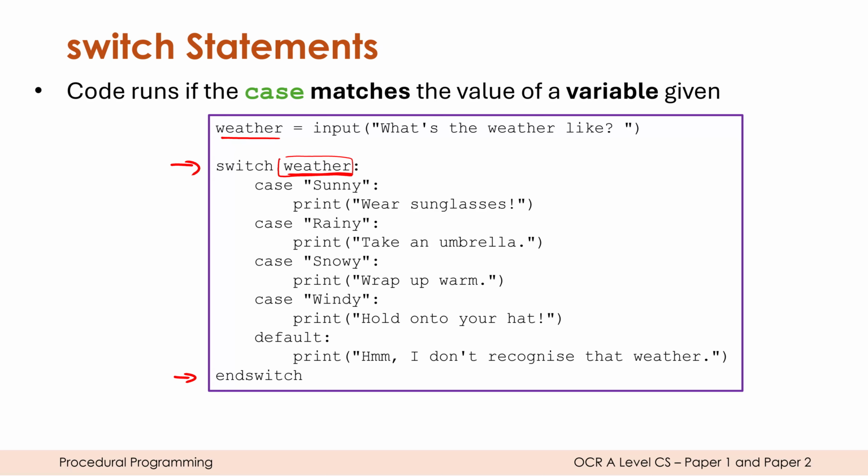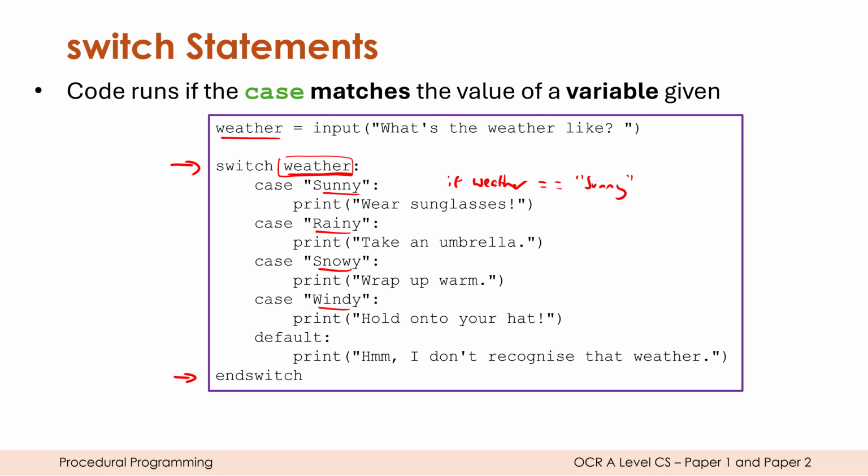Inside the switch statement, we have what are effectively conditions. So here we've got these different cases, and each one is kind of like a condition. Now, they're not written as conditions, it just says case sunny, case rainy. But what switch is doing is comparing that variable to that case. So really it's the equivalent of going if weather is equal to sunny.